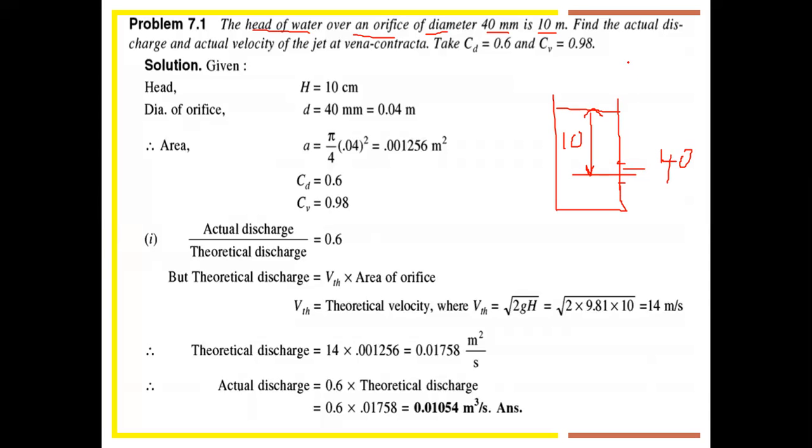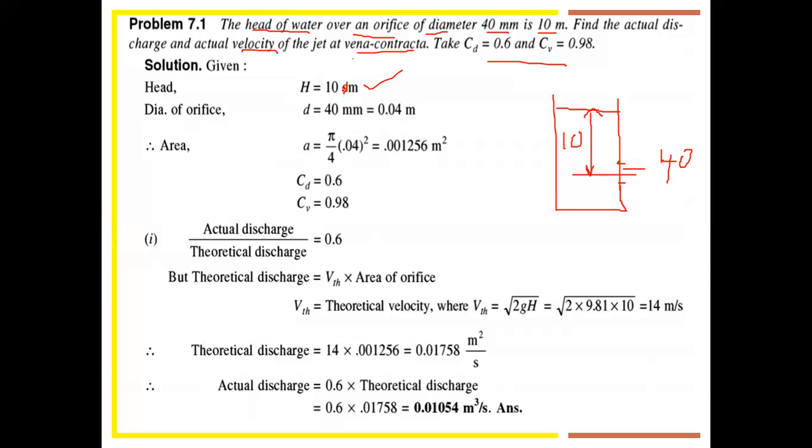Find the actual discharge and the actual velocity of the jet at vena contracta, taking CD equal to 0.6 and CV equal to 0.8. First write the given data as per the question. So head is 10 meters.